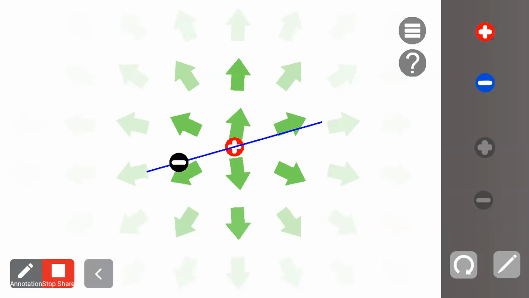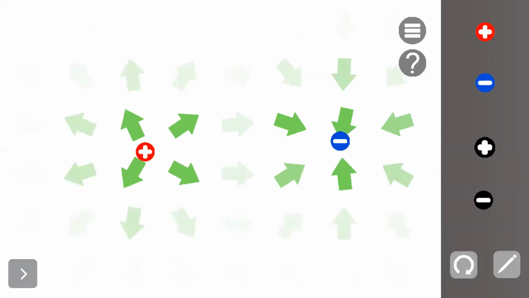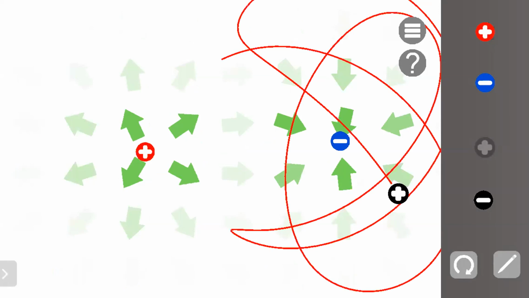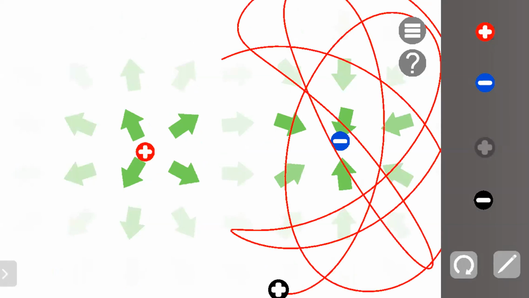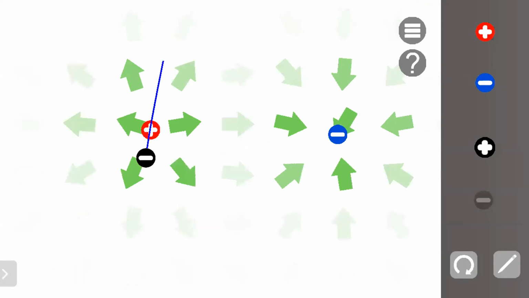Once I have a dipole configuration, you will have plus and you will have minus. Now I am having my positive charge. If I place it here, what happens? It goes somewhere like this, because the dipole nature is complicated, the electric field lines behave this way. If I place a negative charge here, what's happening?